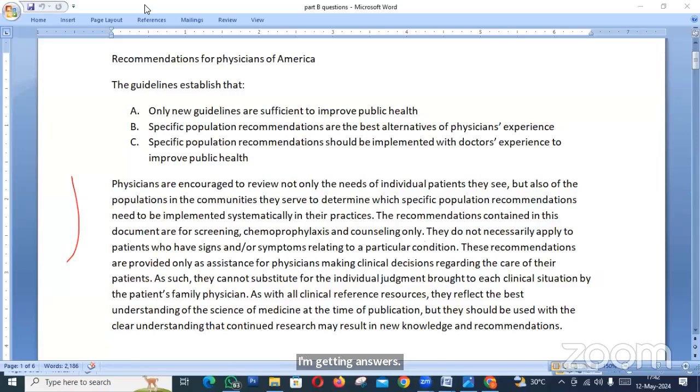So we are waiting for people to answer the question and then we will discuss. Those who are on Facebook can also comment.